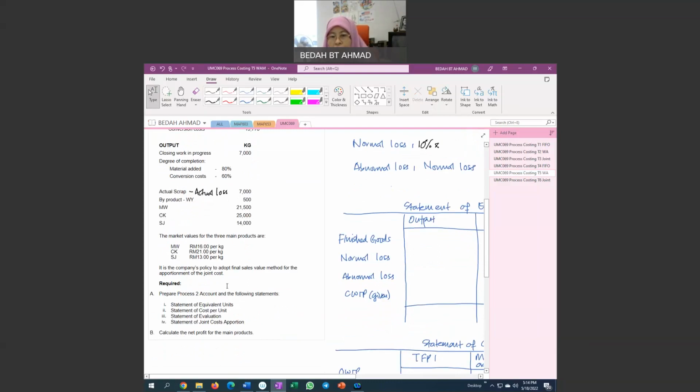So this question has two parts. The first part is the preparation of the process account and its statements: the statement of equivalent units, cost, and evaluation. The next part is the statement of joint cost apportionment and calculating the net profit for the main products or joint products.